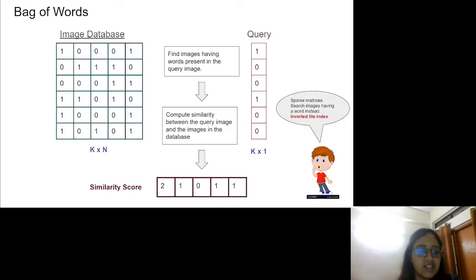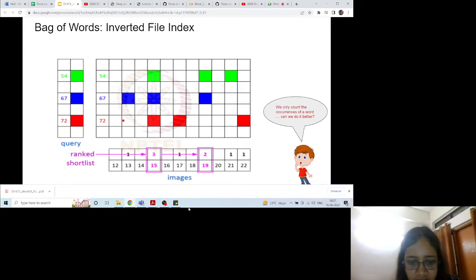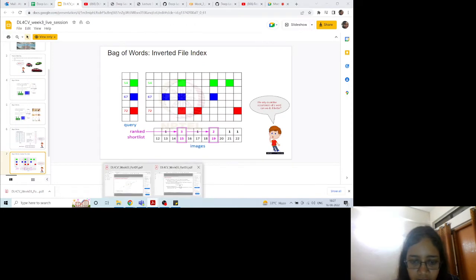So these are the 54th, 67th, and 72nd words of your dictionary, and these are the only three words present in your query vector. Now what you can do is, instead of going word by word and doing a dot product, all you have to do is, let's go here. This will be a little bit better.